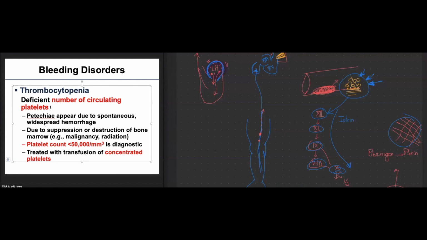If you don't have enough platelets in your circulation, this results in small blood spots that will be accumulated underneath the skin that don't go away when you press on them. So let me show you how it's going to look on here.